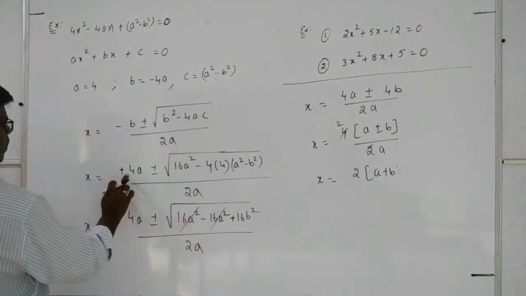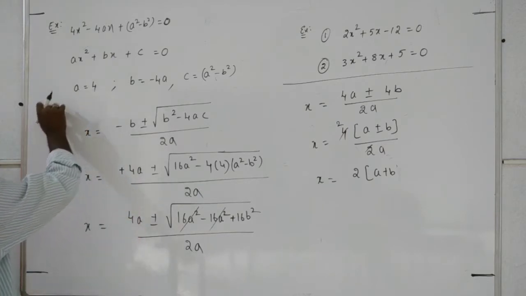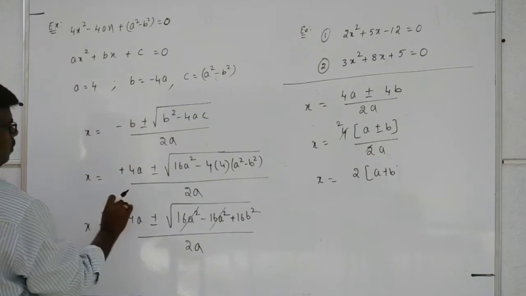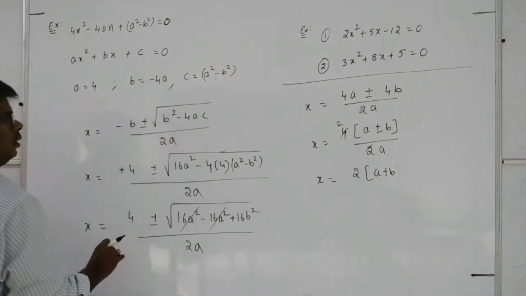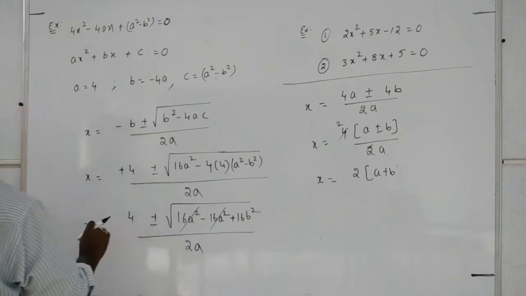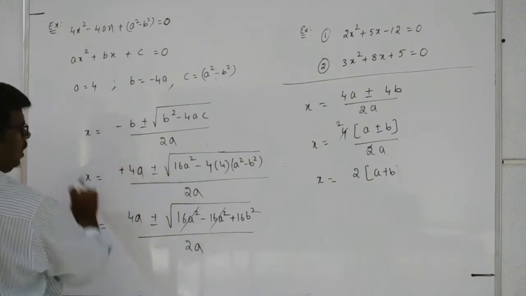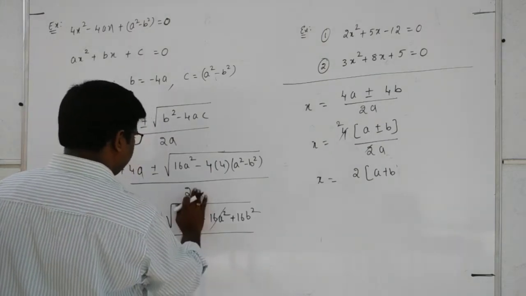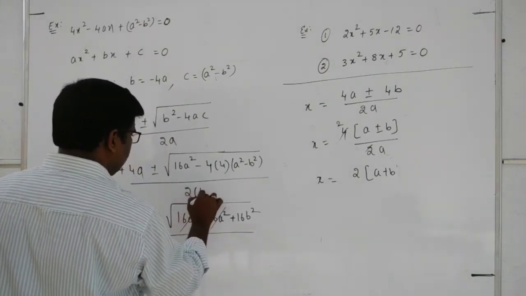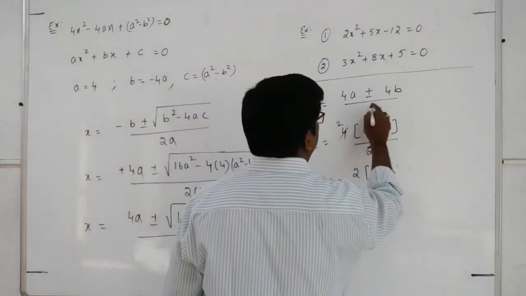Here x square plus a is 4 only. So here minus b is 4a, and 2a: a is 4, 2 fours are 8.